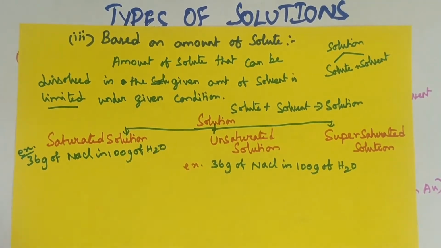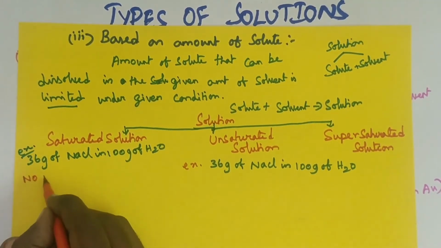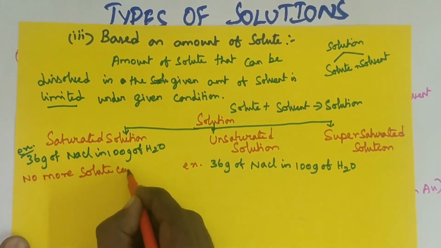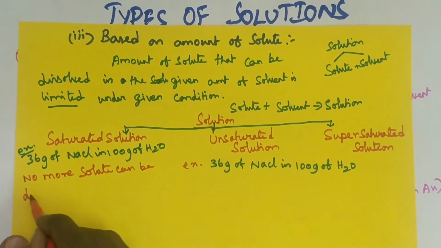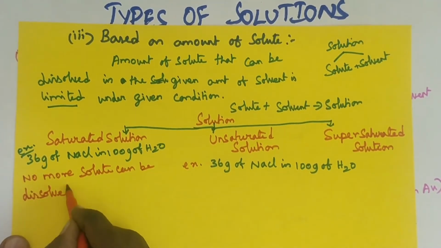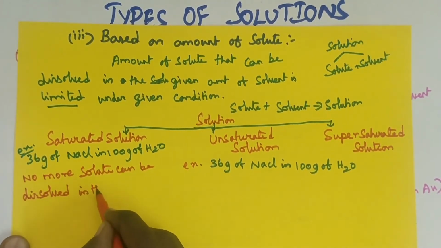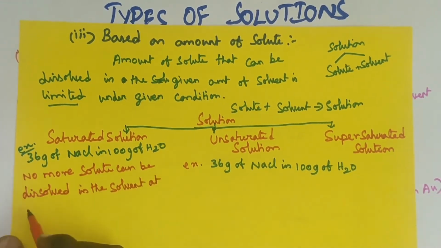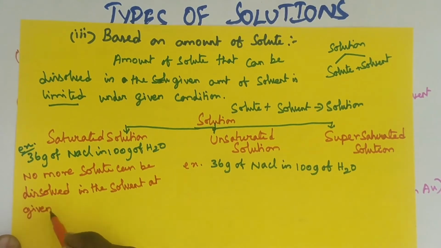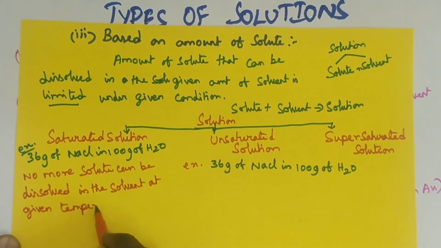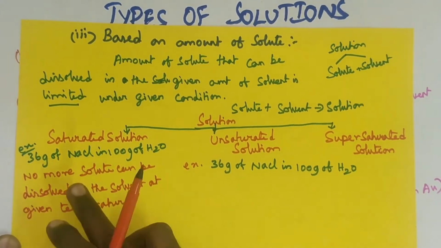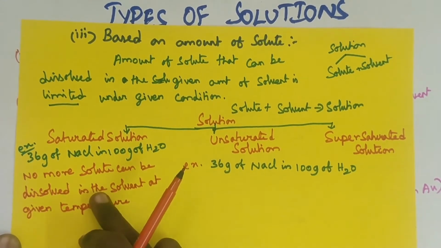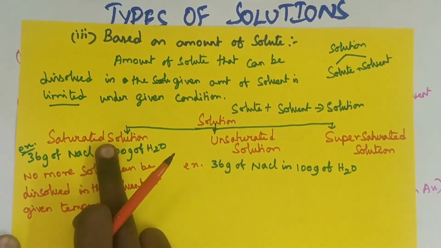So definition is no more solute can be dissolved in the solvent at a given temperature. So no more solute can be dissolved in the solvent at the given temperature. It's called as a saturated solution.